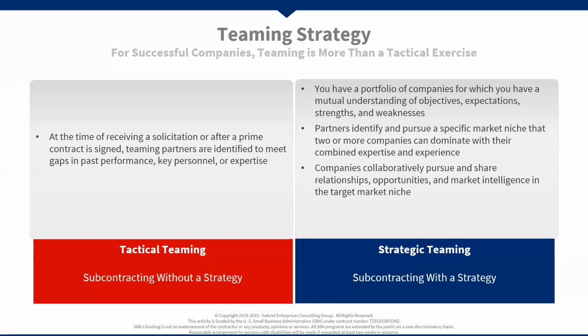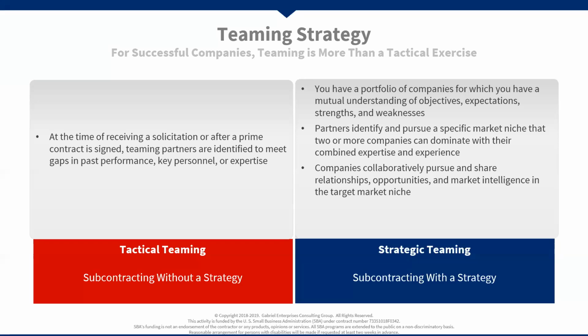You have some loose work share arrangements, or you have NDAs and non-competes in place just to really keep things moving on your teaming. And then you're pursuing work together for a specific niche, be it a client or a technical area, with each one of those companies in the portfolio, and you're able to complement one another in those areas.